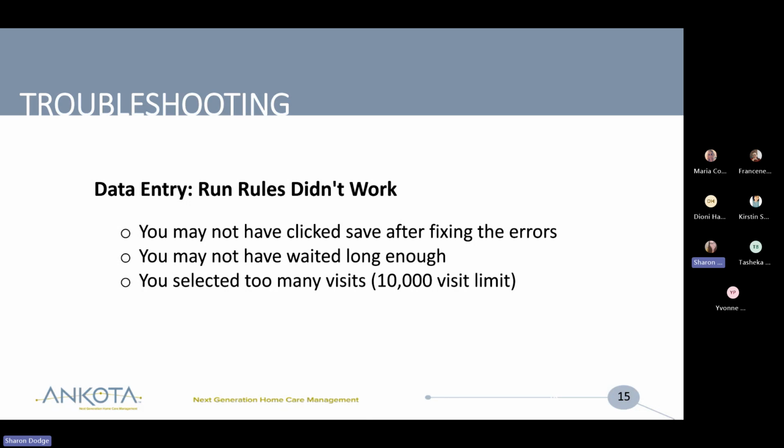That's a lot harder to do now with such a high limit, but it has happened. I've seen customers select from November 8th, 2021 in Missouri through today, and they're trying to run through tons and tons of visits, and that's not going to work. So be aware, it's a high limit, but there is a limit.